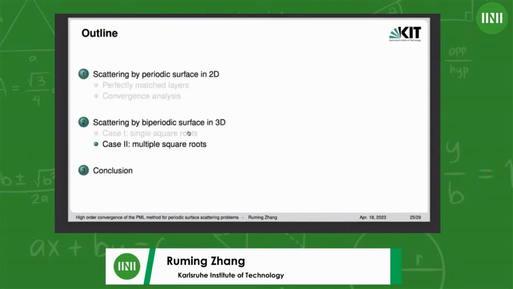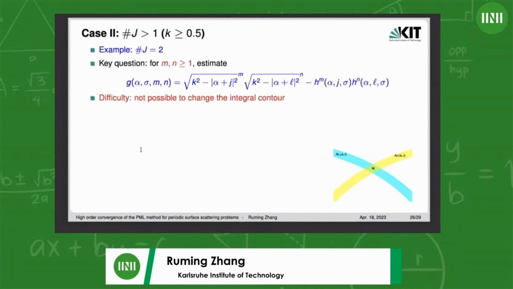Then I will go to the much more complicated cases. As I said before, when the number of elements of G is always 1, it is easier, but when it becomes larger than 1, it is much more complicated. I only give the example when there are 2 elements within G. For example, there are 2 annuli passing through the same point.